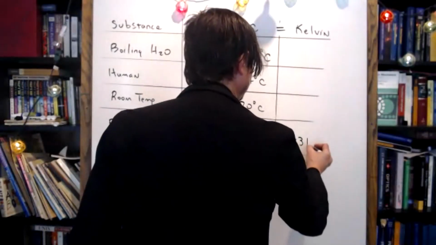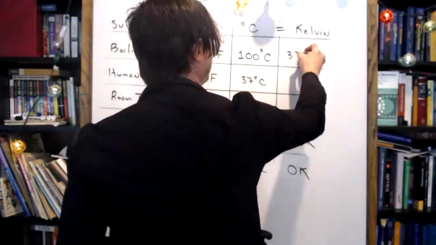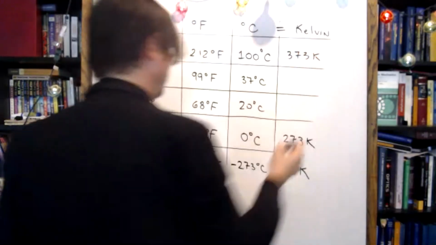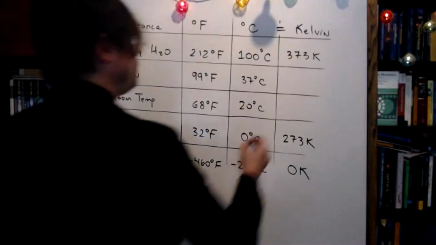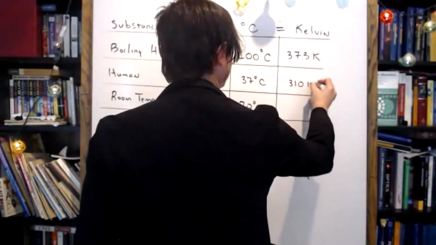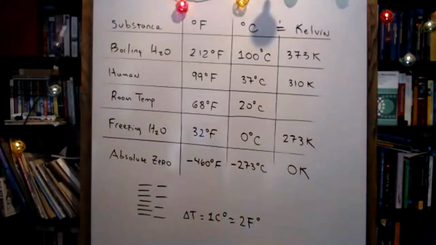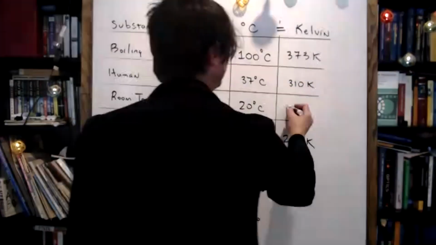Freezing water would be 273 Kelvin. Boiling water would be 373 Kelvin. And a human body is around 310 Kelvin, and room temperature is like 293 Kelvin.